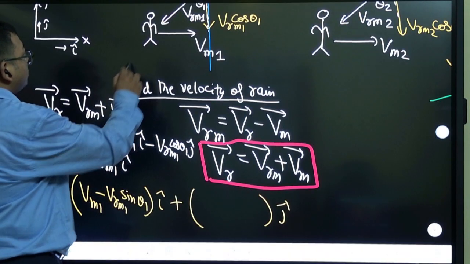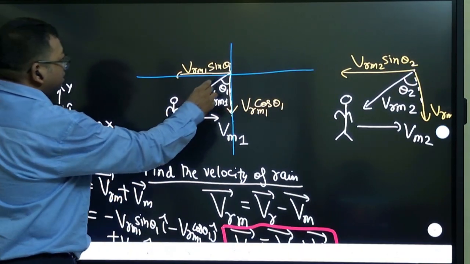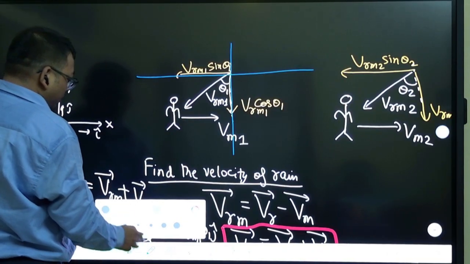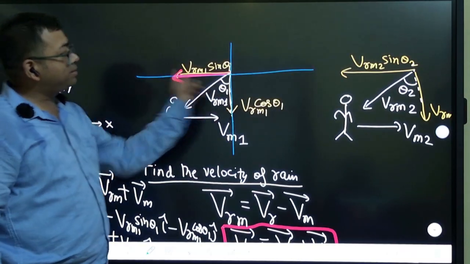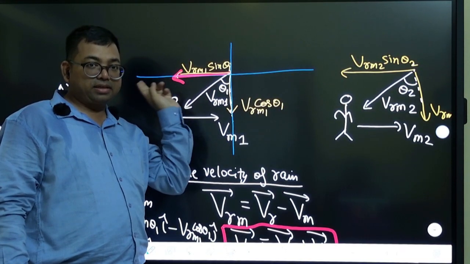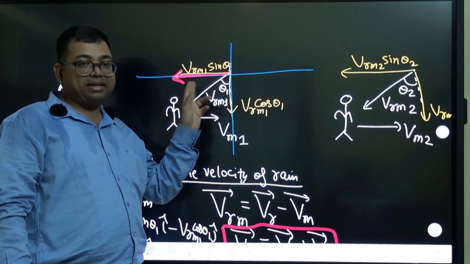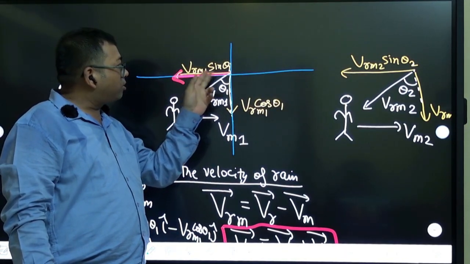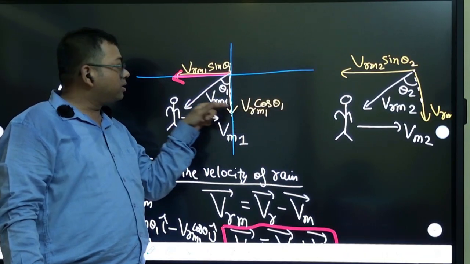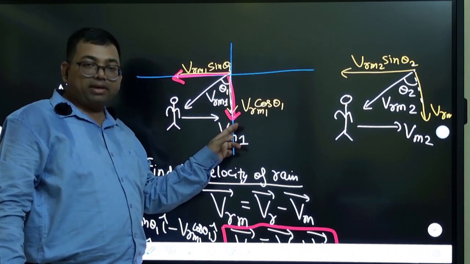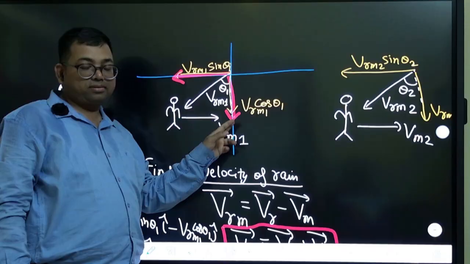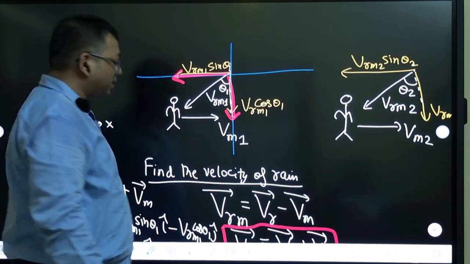See, here you see this direction. Tell me, is this direction positive x axis or negative x axis? That's why it is minus I cap. So minus of this I cap. Understood? And this direction is which direction, positive y axis or negative y axis? That's why minus j cap.